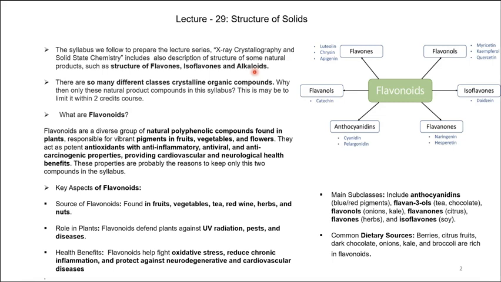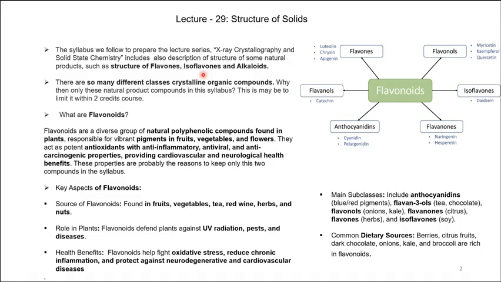So naturally, one can ask why only these three? Because there are so many different classes of crystalline organic compounds. Well, one thing may be correct: if we take all the known organic compounds, then this syllabus would not be completed in 28 to 30 lectures, which is what a 2 credit course needs.